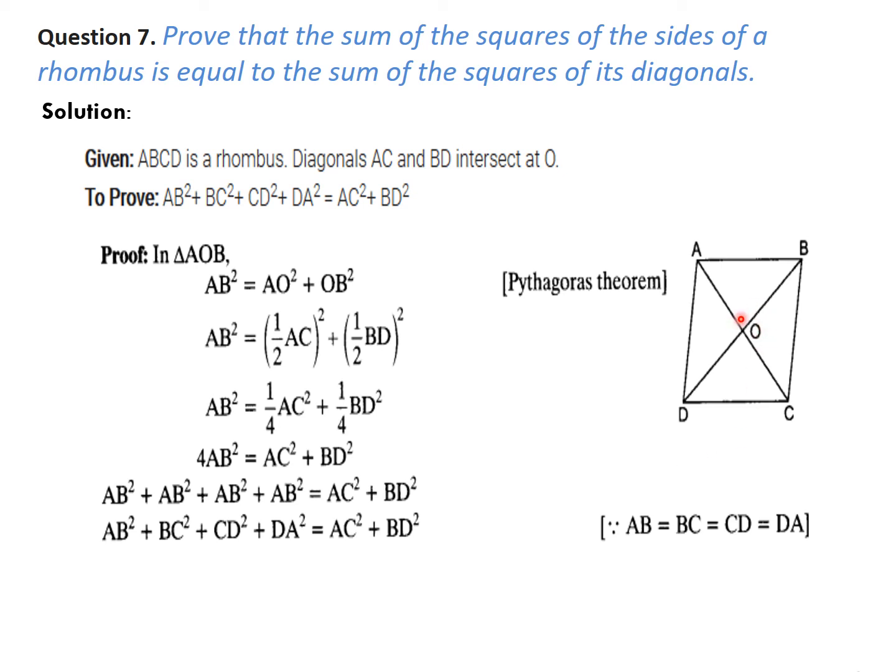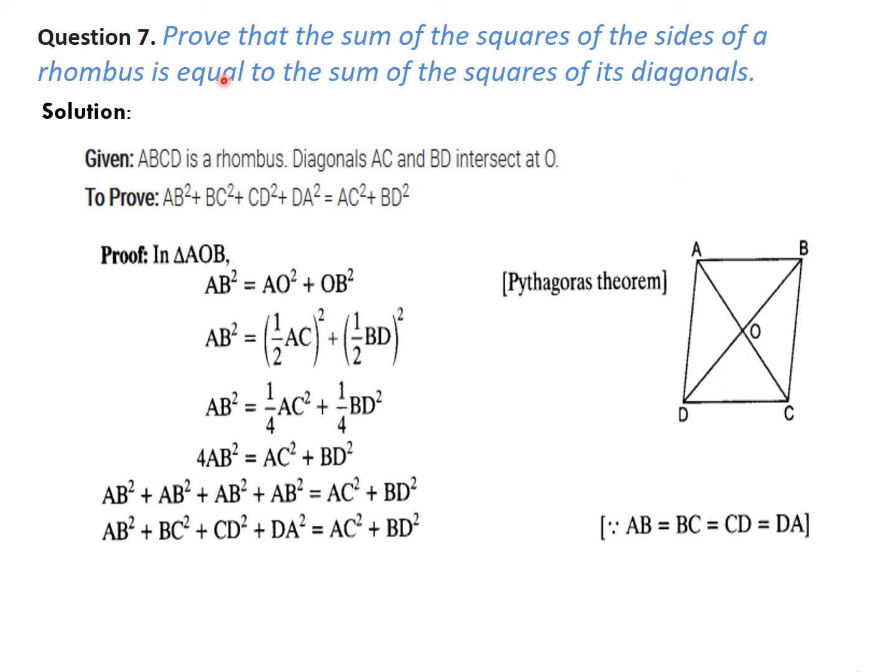That means the angles at O for all of them will be 90 degree, and also the diagonals are getting bisected at the point of intersection O. That means OA is equal to OC, and OB is equal to OD, and angle O for all these cases is 90 degree.